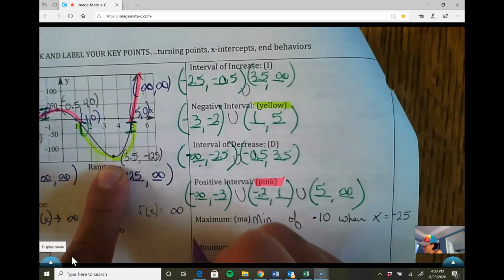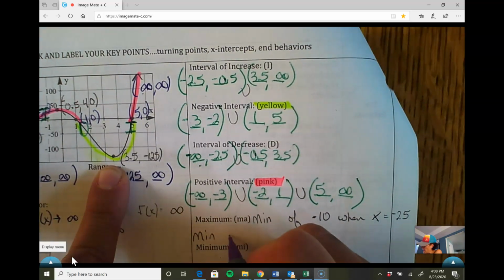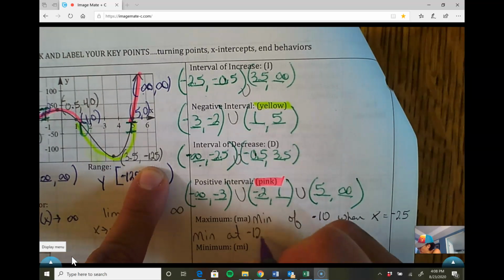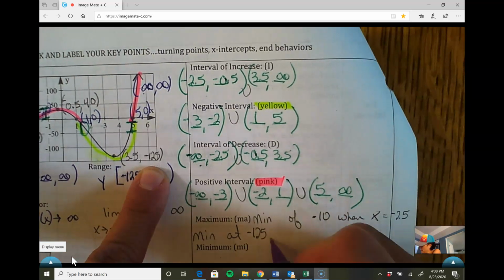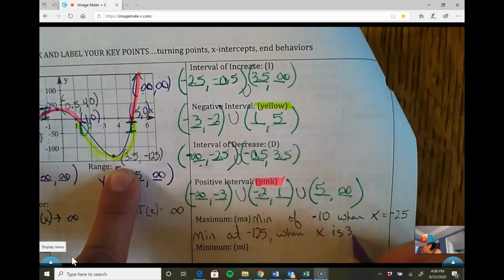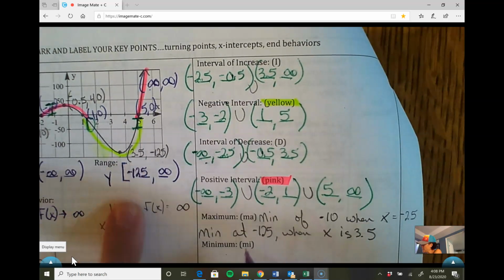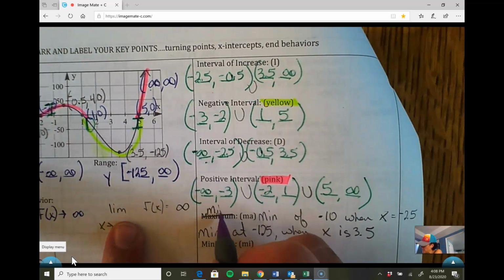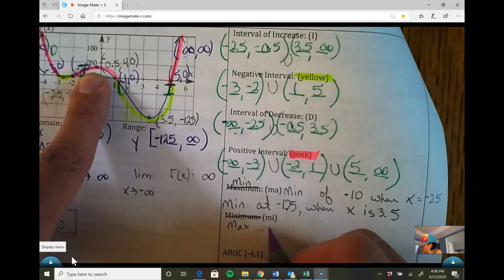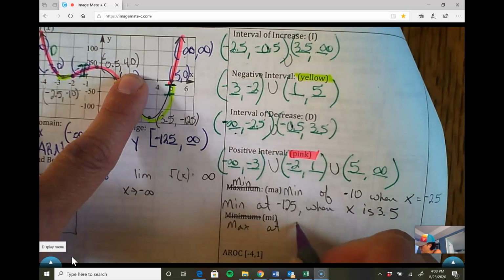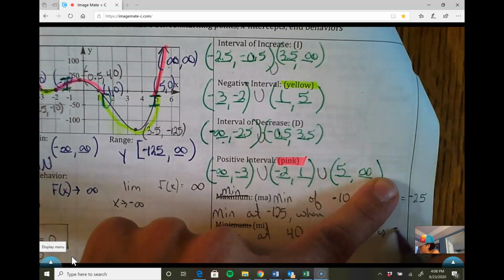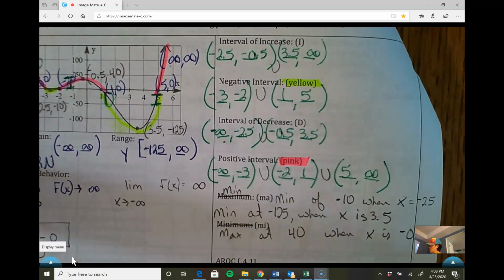And then we have another minimum of, or maybe you want to say at, negative 125 when x is, you don't have to say equals, 3.5. And then, whoops, I switched these around, just realized that. So I'm going to change this to min, and now here's my max. I have one maximum value, so I have max at 40 when x is negative half. So sorry, I wasn't reading very carefully.